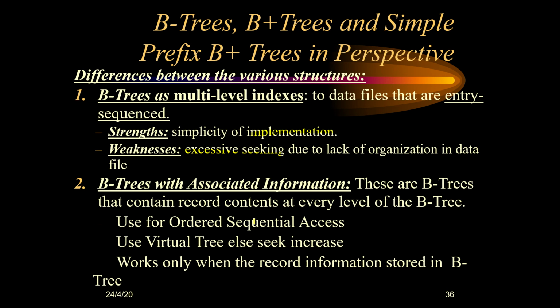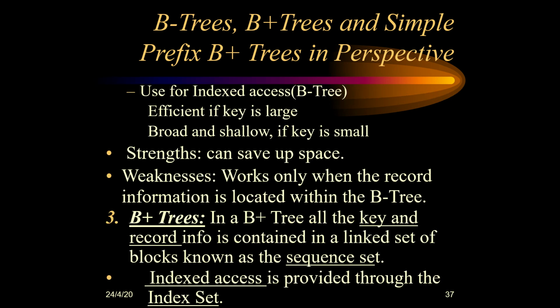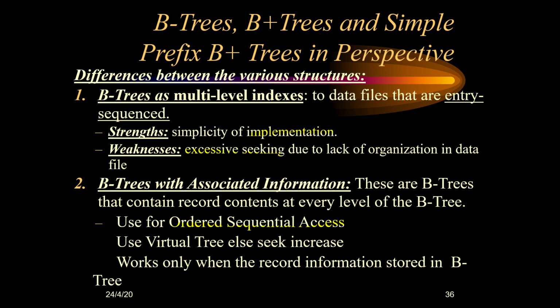Now coming to the next type of B tree, the associated information B tree, it is mainly processed in two ways: ordered sequential access, and indexed access B tree. In the case of ordered sequential access, we try to improve our B tree concept by including the concept of virtual B tree so that the seeking time can be reduced.